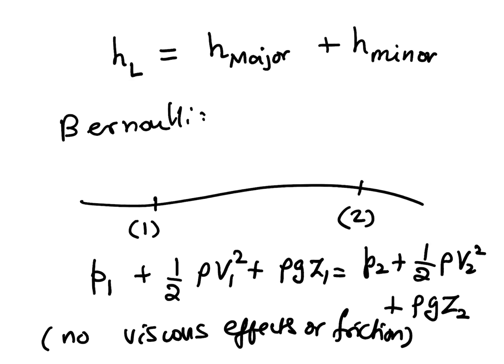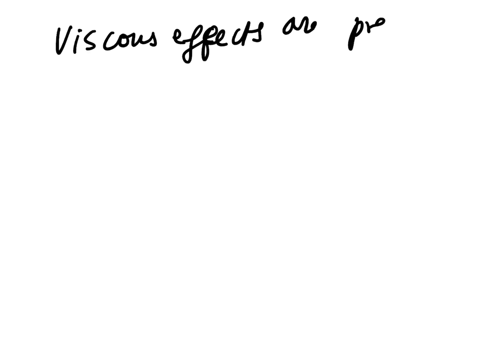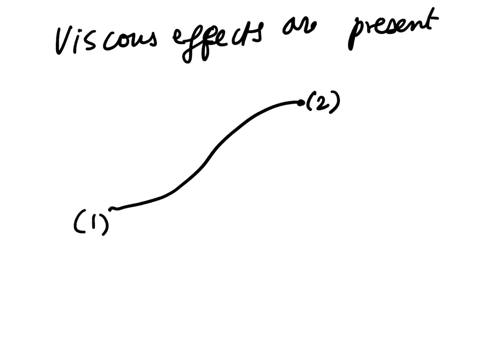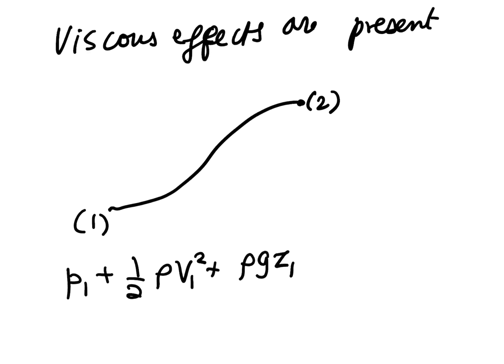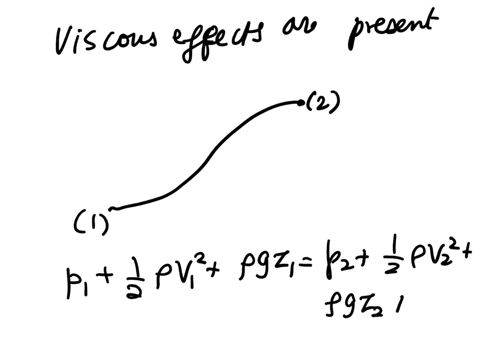Now you can extend this equation to a practical flow which has viscous effects. If viscous effects are present, if you have station 1 and then station 2, you can write this as P1 plus half rho V1 squared plus rho G Z1 equals P2 plus half rho V2 squared plus rho G Z2 plus a head loss between 1 and 2.